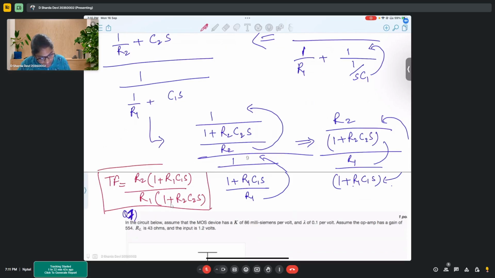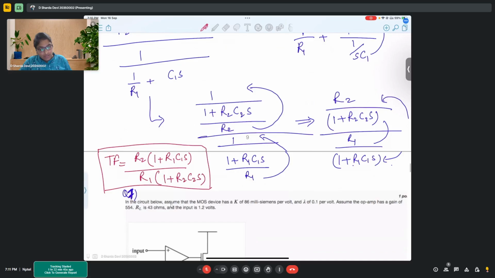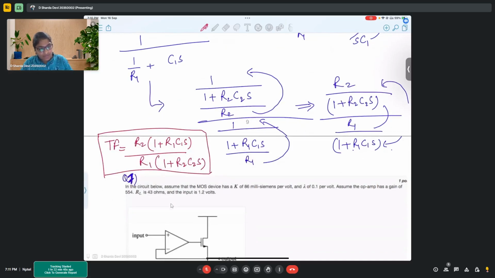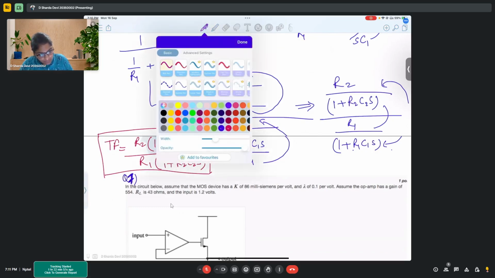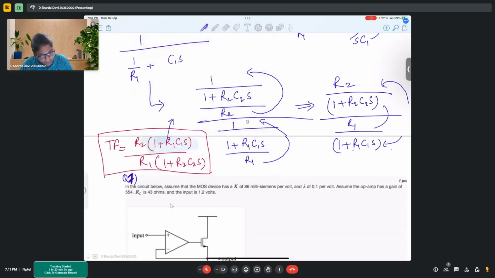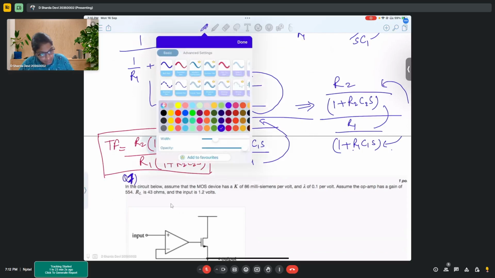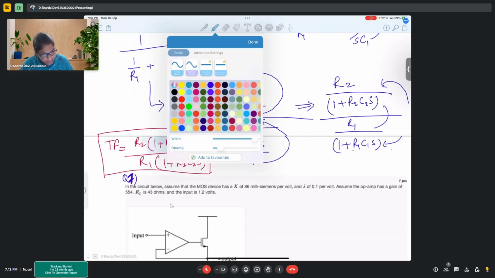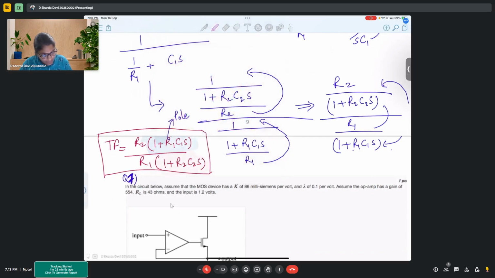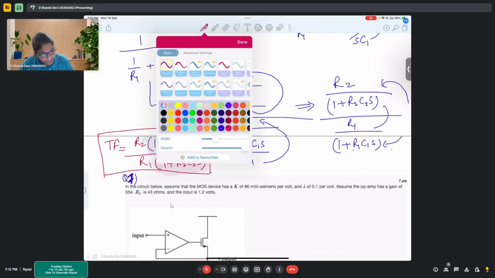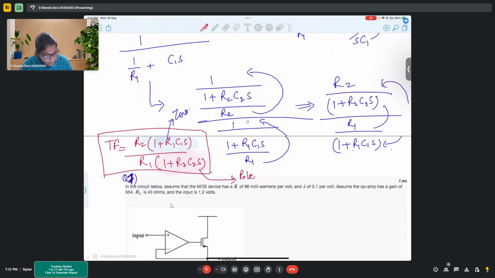Right? So now if this is your transfer function, you can simply from here find the value of poles and zeros. So this is the pole, and this, oh sorry, this will give you the zero since it's a numerator, and this will give you the pole frequency.